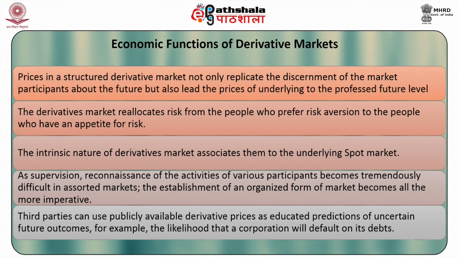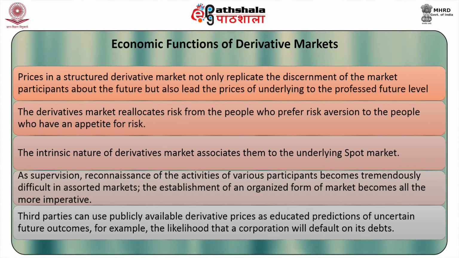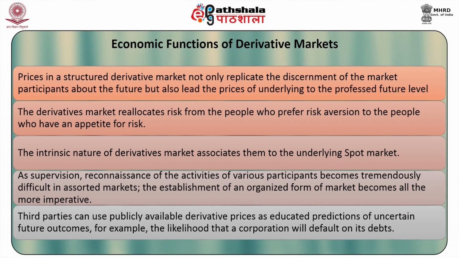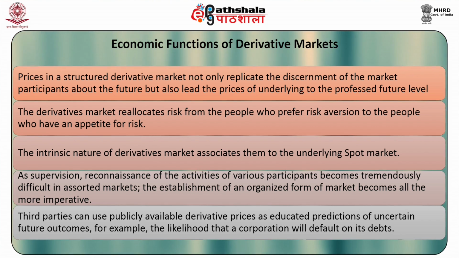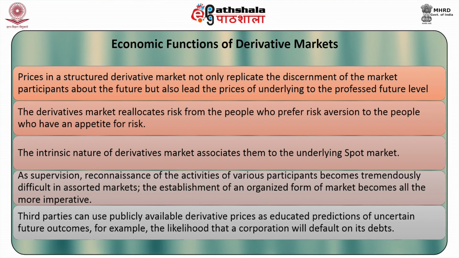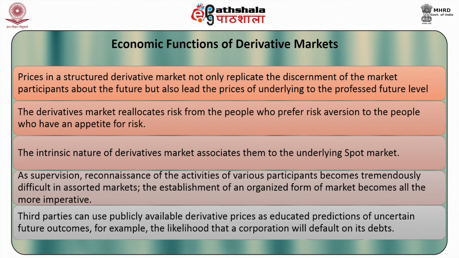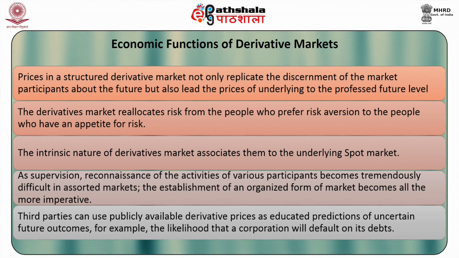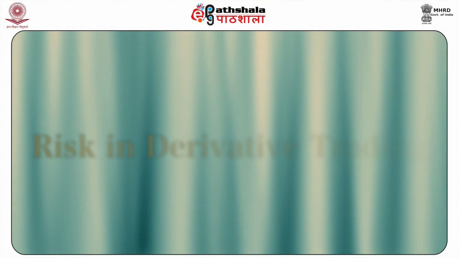Therefore, in the presence of an organized derivatives market, speculation can be controlled, resulting in a more meticulous environment. Fifth, third parties can use publicly available derivative prices as educated predictions of uncertain future outcomes, for example, the likelihood that a corporation will default on its debt.